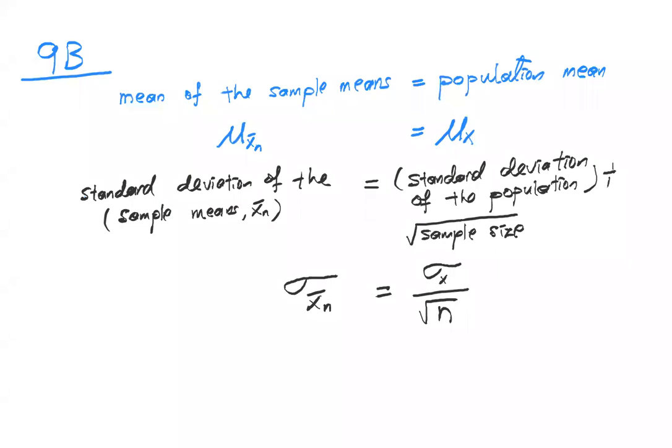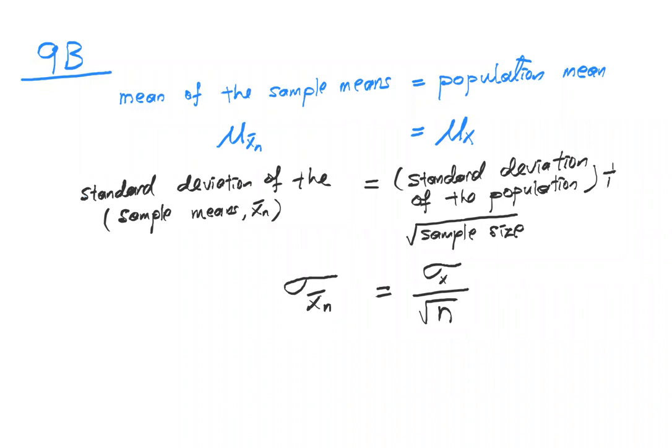Are you clear? So in Exercise 9B, question 1, you should be able to do. Don't read it as X bar 4. Always read it as sample mean of size 4. Then that gives you a better idea. X bar means your variable is the mean of each sample.